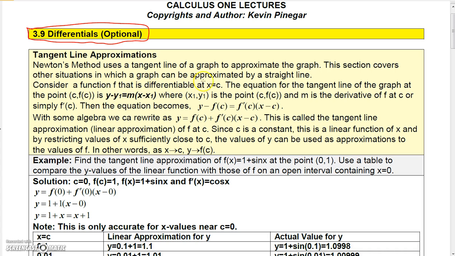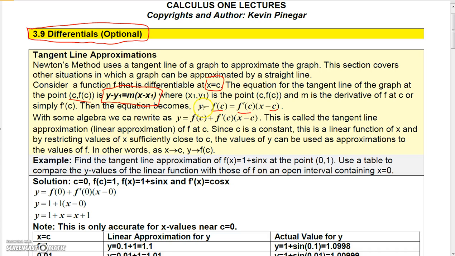Consider some function f that's differentiable at x equals c. The equation for the tangent line of the graph at the point would be y minus y1 equals slope times x minus x1. But since x1, y1 would just be the point c, f of c, we can replace y with f of c and x with c here. And then the slope, of course, is the derivative of the graph at c, so that can be used for the slope.